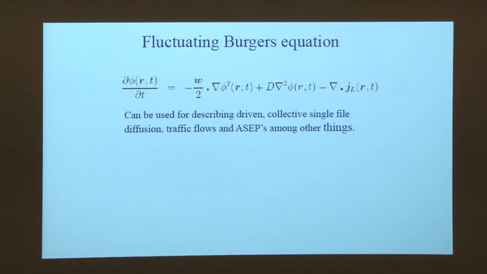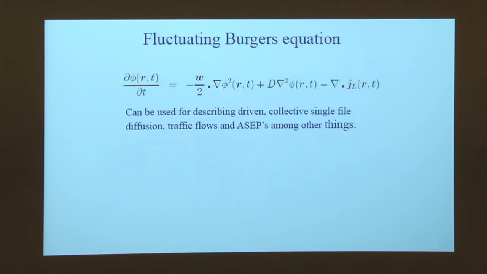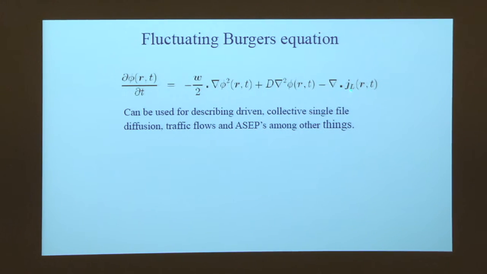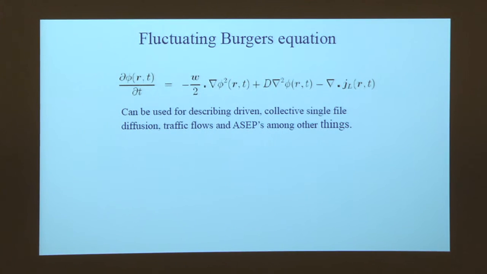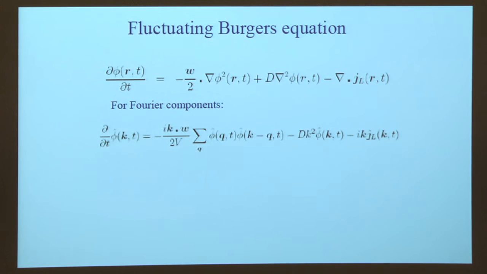Then there is a diffusive term, a nonlinear term, and the divergence of a fluctuating current, the Langevin noise. This can be used for describing ASEPs and several types of systems.